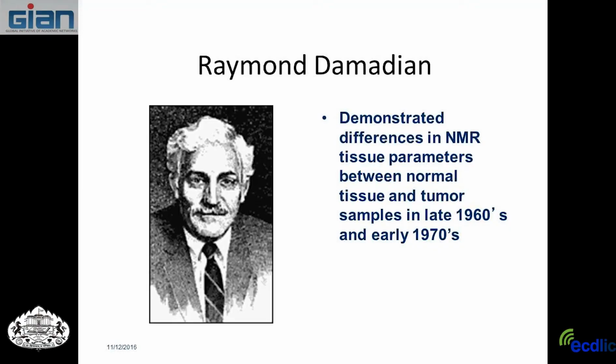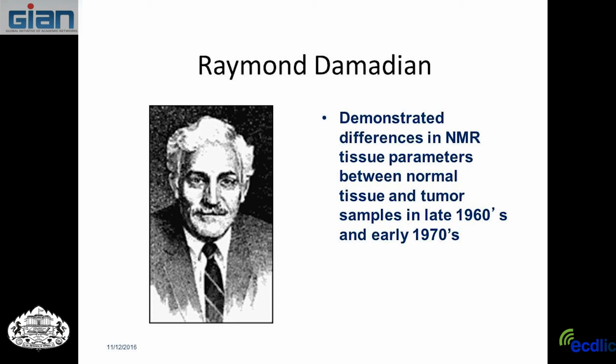This man, Raymond Damadian, was the first to demonstrate that different tissues had different properties if you place them in a magnetic field and use nuclear magnetic resonance with them. And he did this by demonstrating differences between normal tissues and tumor samples in the late 60s and 1970s.